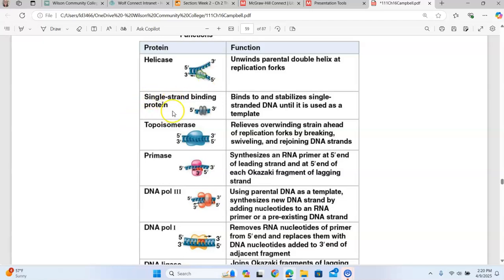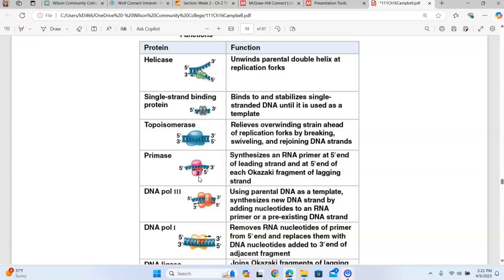The single-stranded binding proteins hold those strands open so they don't come back together. Primase is the enzyme that causes the RNA primer to bind to the DNA, and that has to happen before DNA polymerase can add nucleotides to synthesize the new strand.